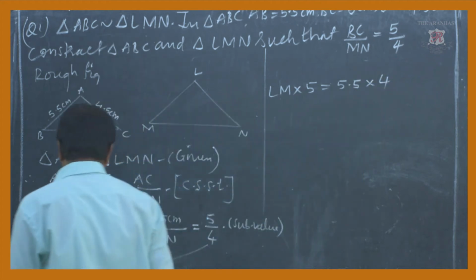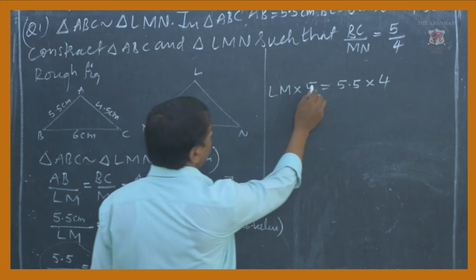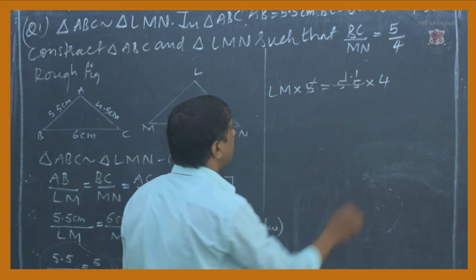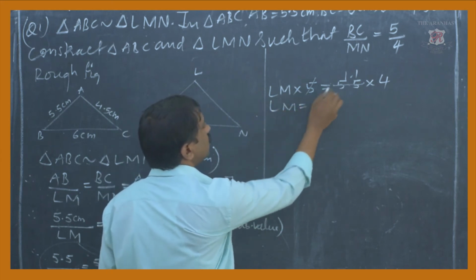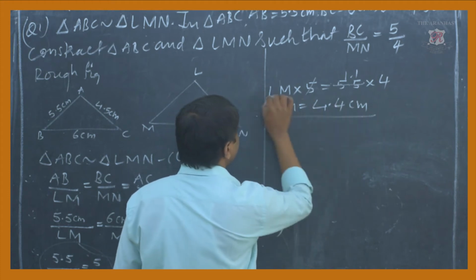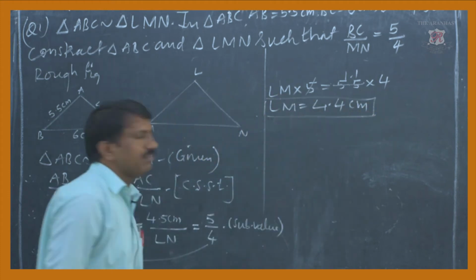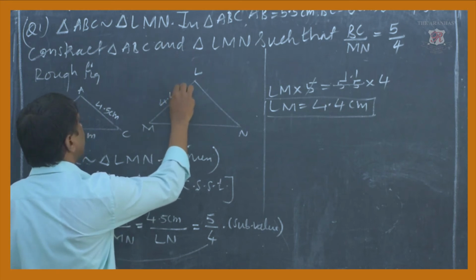We cross multiplied this. So 5 ones are 5, and then the simple multiplication, so LM is equals to 11 4s are 44, means 4.4 centimeter. One corresponding side we found: LM will be 4.4 centimeter.